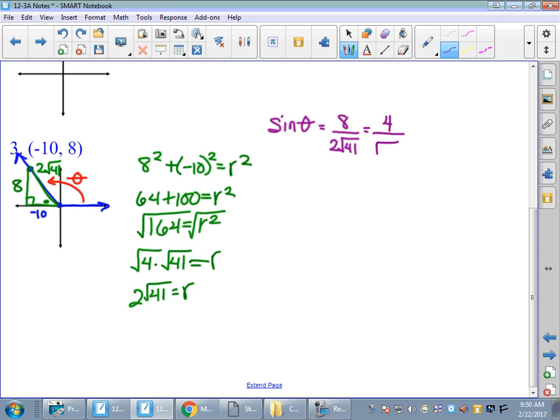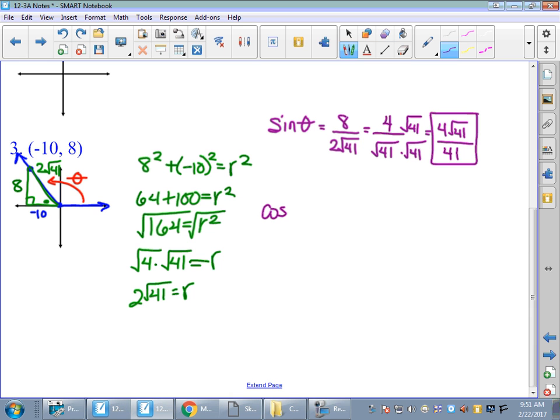So now I have 4 over root 41, and you can't leave it that way, so we need to clean this up. The good news is if I clean up sine, cosecant, I should not have to clean up. So just keep that in mind, that if you clean up 1, you shouldn't have to clean up its buddy. And the square root of 41 times the square root of 41 becomes the square root of 41 squared, which is 41. So this is our sine value right here.